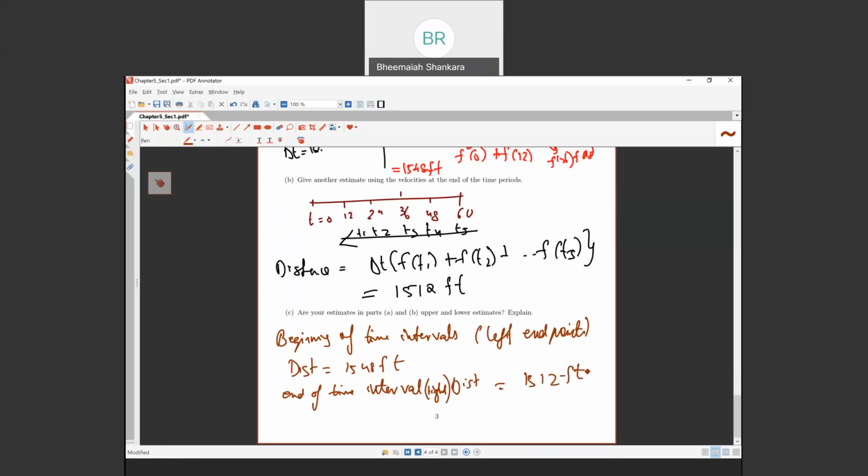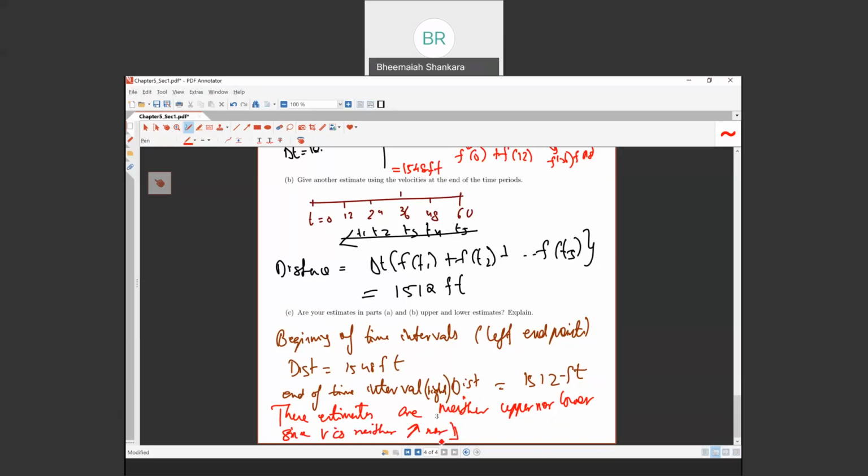So these estimates are neither an upper nor a lower estimate, since the velocity v is neither increasing nor decreasing.